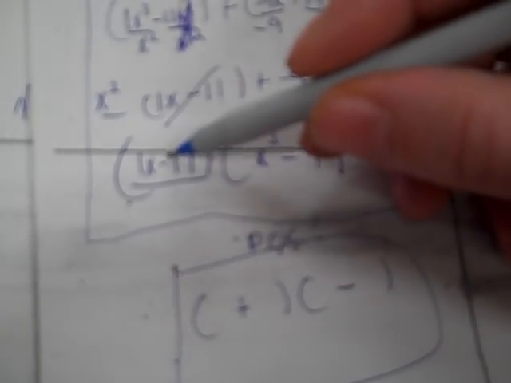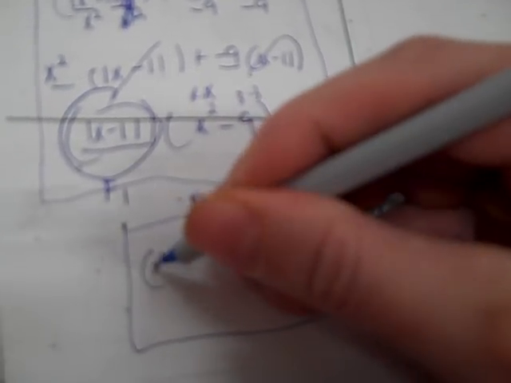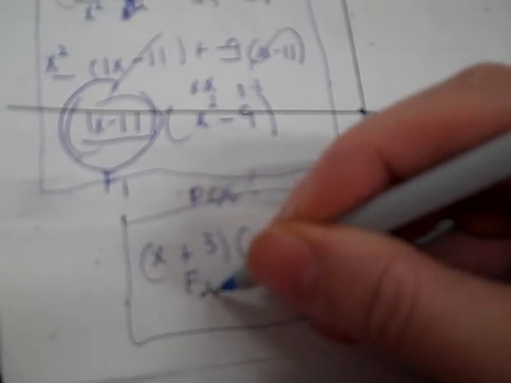Now, one of these is DOPS. You have minus here, but 11's not on the board, so circle that, and that's your F1. Minus is here, and that's 3 times 3, and that's x times x. So x, 3, 3, and that's F2, and that's F3.